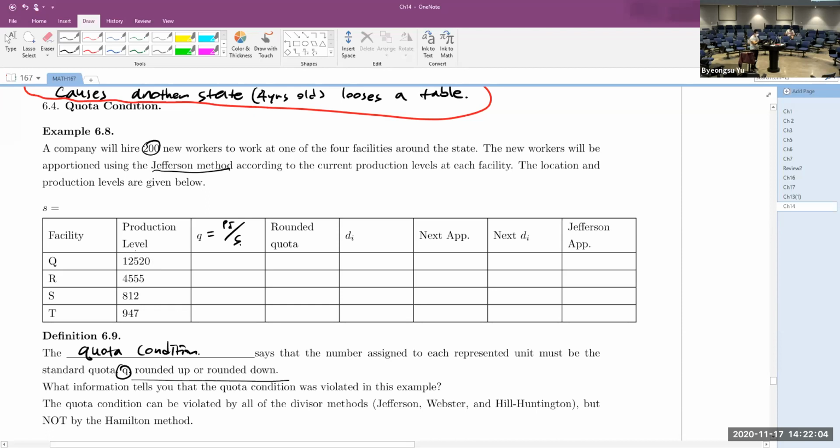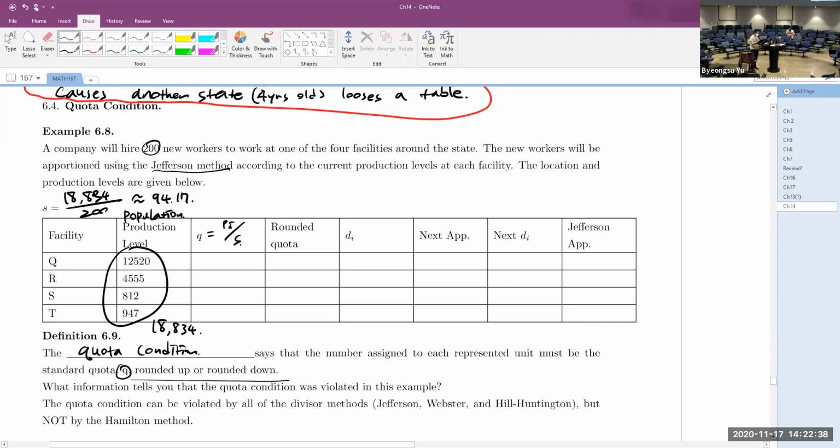And to do this, production level is our new population. So if you add all the numbers, it should be 18,834. So it is 18,834 over 200, which is 94.17.